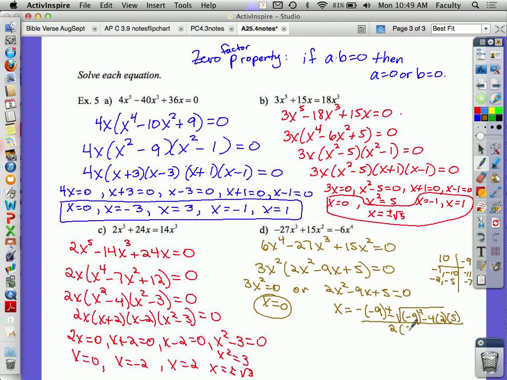And you don't want to use your program unless it says to give a decimal, okay? So I'm getting 9 plus or minus square root 41 over 4.